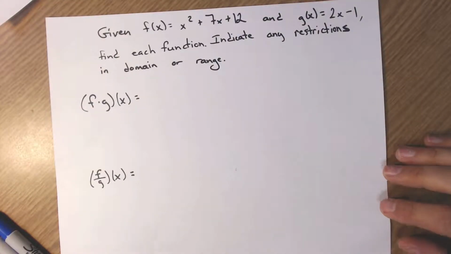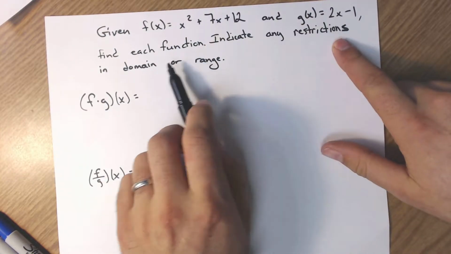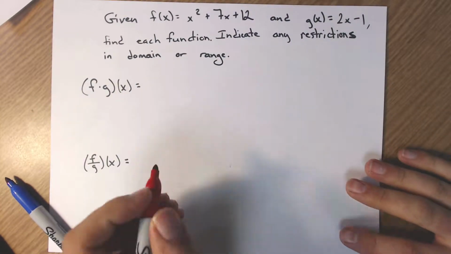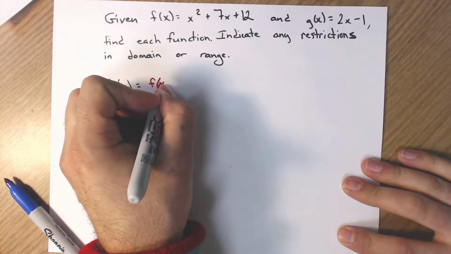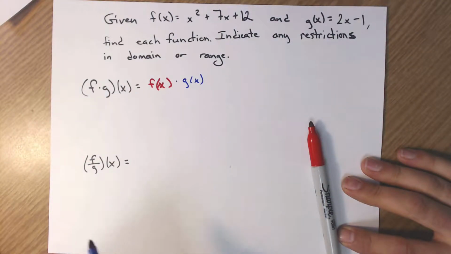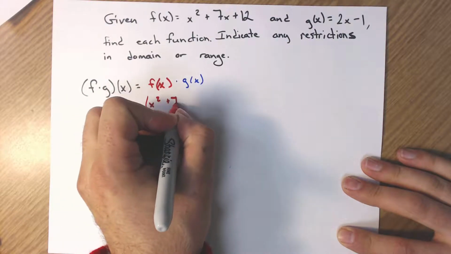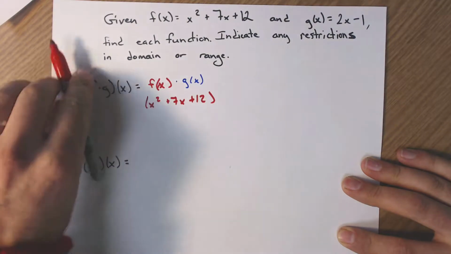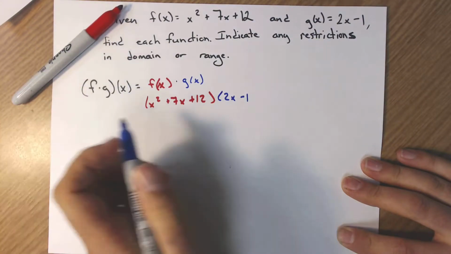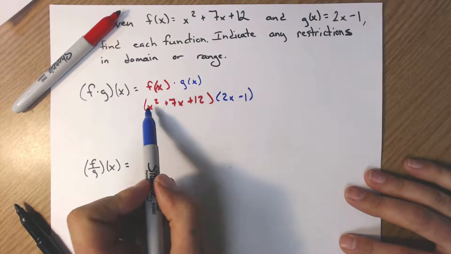Next one here. Given f of x and g of x, find each of these functions, and we do have to indicate some restrictions. We might have some over here. So when we multiply them, same thing we've been doing in the past. f of x multiplied by g of x. Then I plug in what those two things are: f of x being x squared plus 7x plus 12, and g of x being 2x minus 1. Now I have to FOIL all of this, or distribute, because I have all three of these terms.